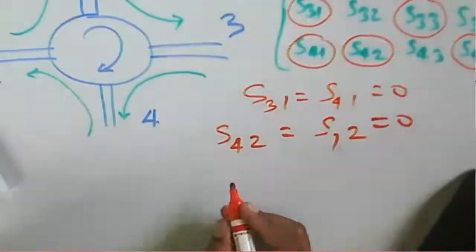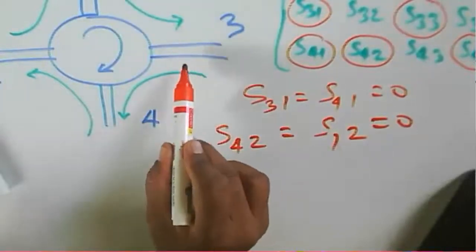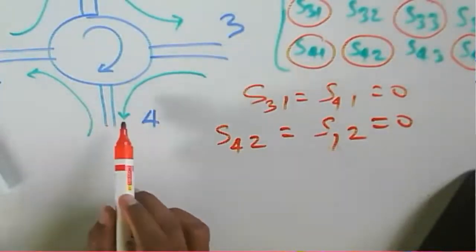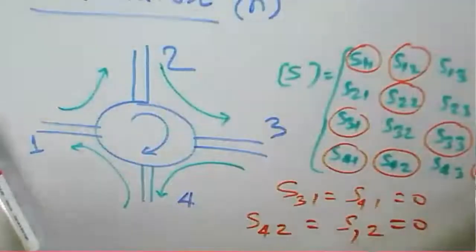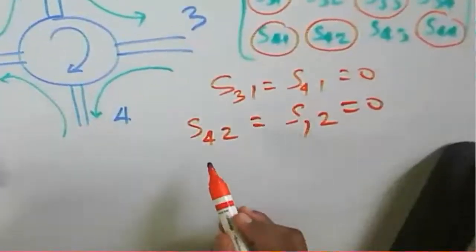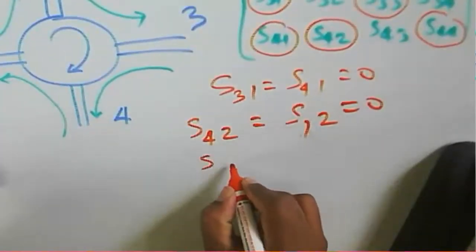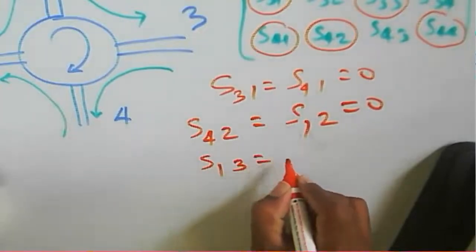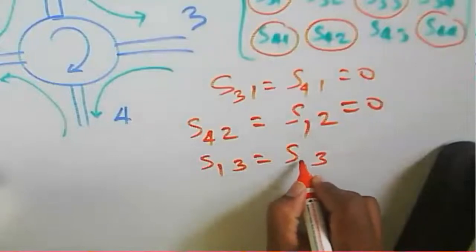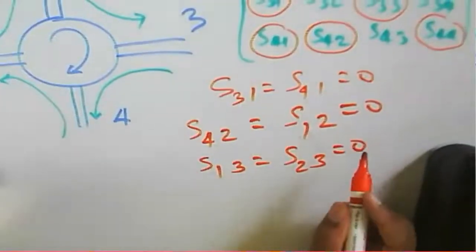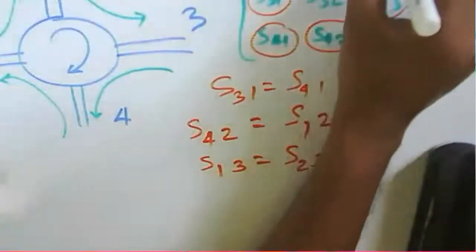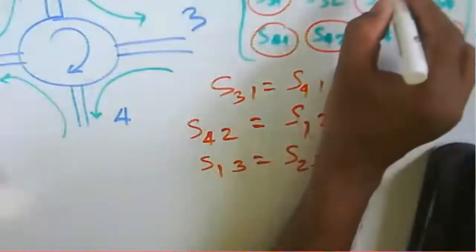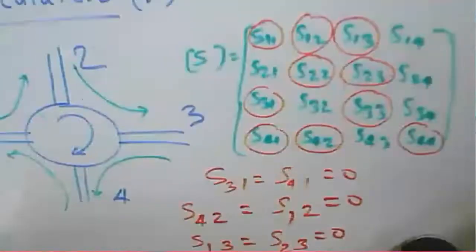Next, if we are providing the input to port 3, output available at port 4, no coupling at port 1 and port 2. So S13 is 0, S23 is 0.